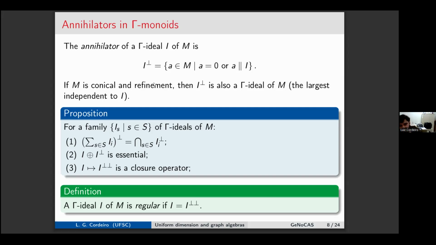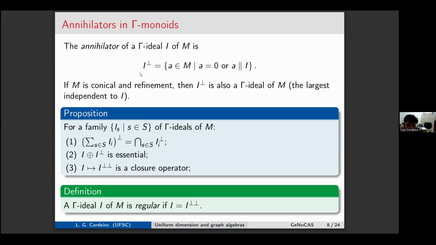And these two properties are actually necessary, especially the refinement one. In the non-refinement case, the annihilator of an ideal need not necessarily be a gamma ideal of the monoid.